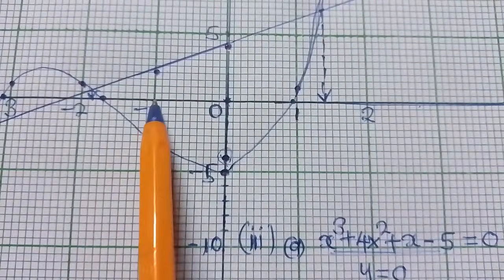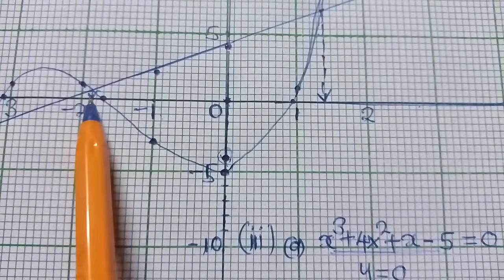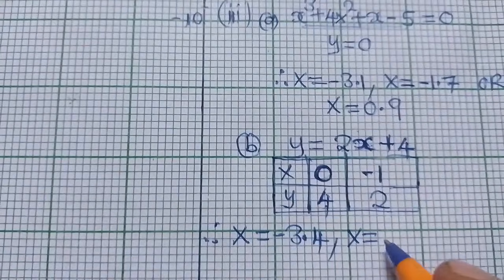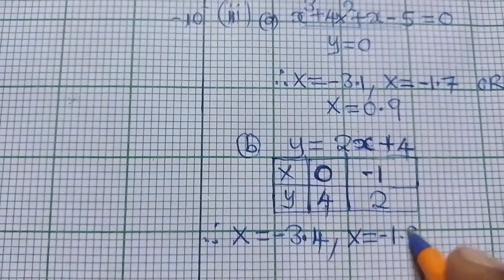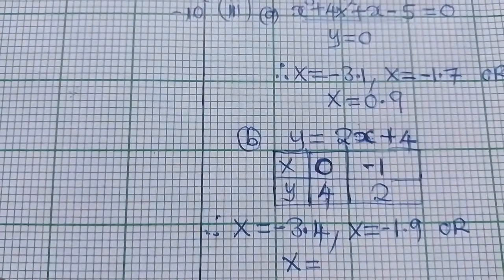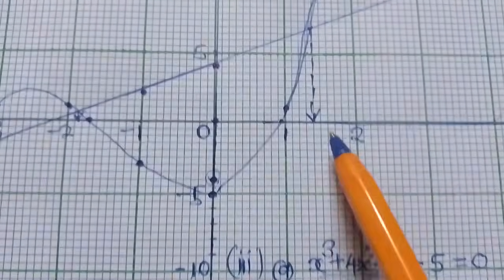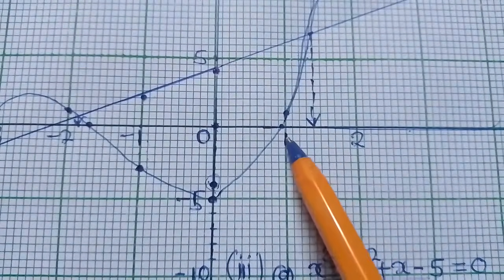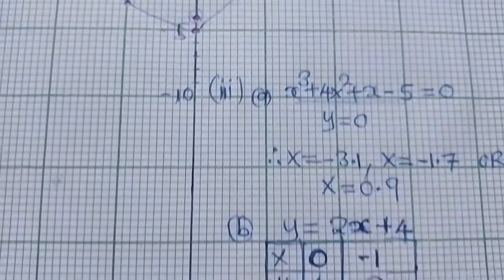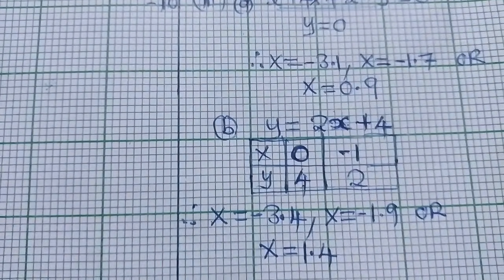This is the other one, negative 1.9, almost 9 there. Or x is equal to, where else? Here. This is 1, 2, 3, 4, 1.4. Or x is equal to 1.4. These are your answers.